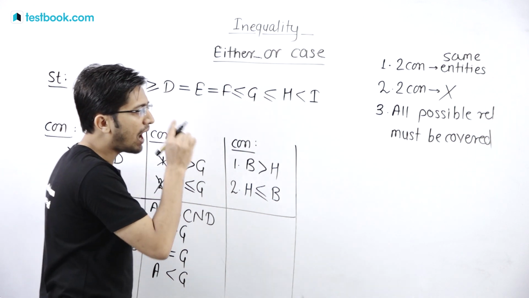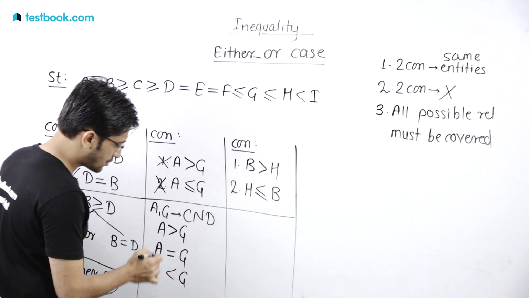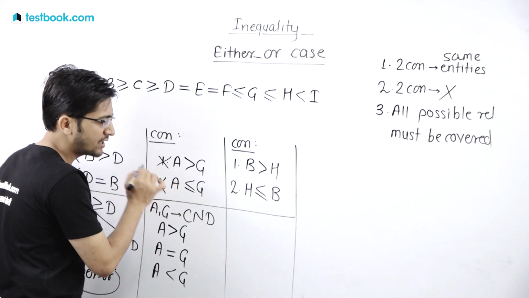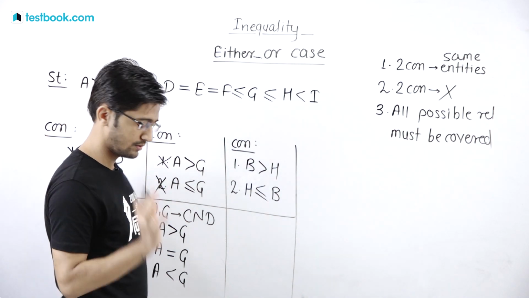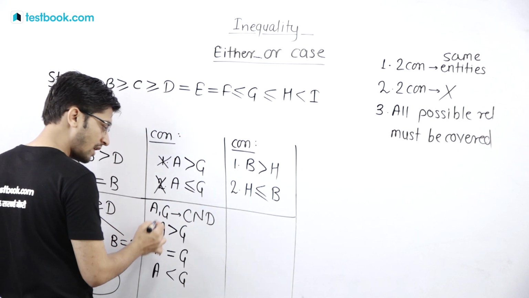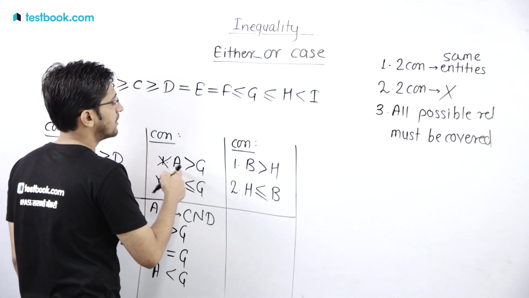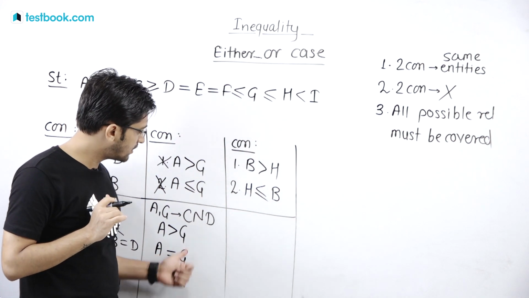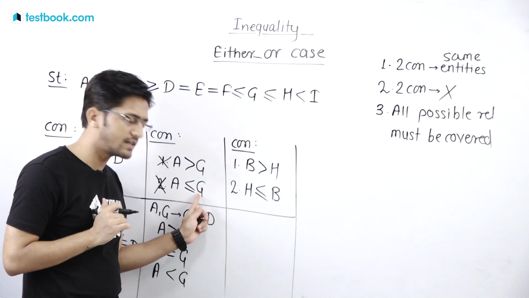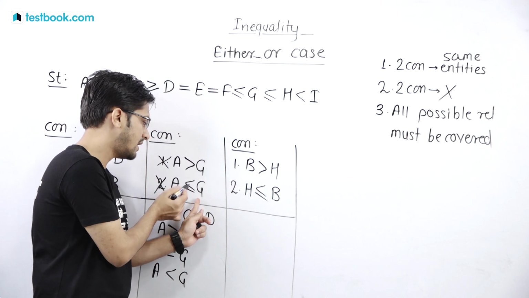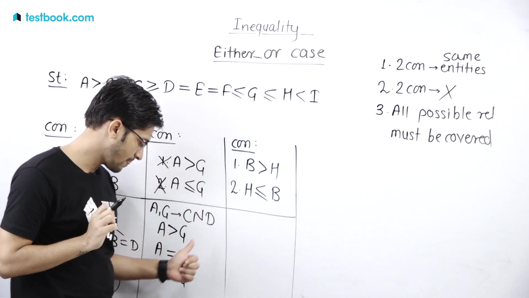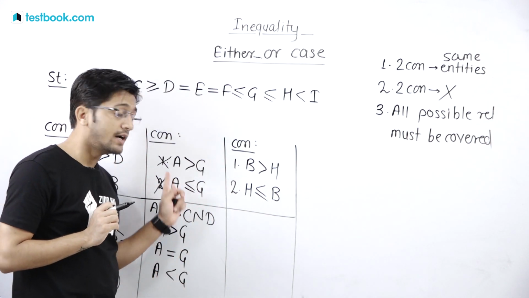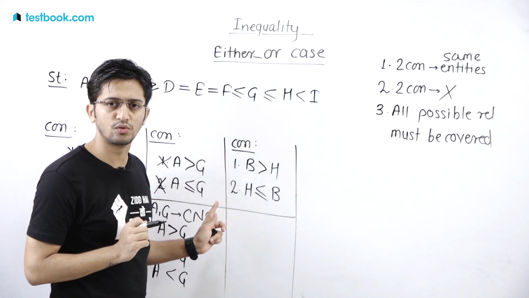Now, for either or, our task is to check all these 3 relations in the given conclusion. Now, see, A is greater than G. This is covered in the first conclusion. A is equal to G. Here it is covered in the second conclusion. A is less than G, it is also covered in the second conclusion.